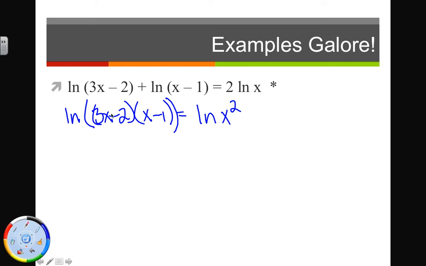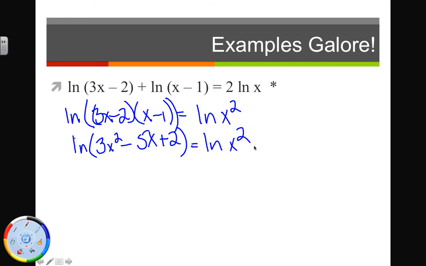Now, when I do this, this might end up with some extraneous answers later on. So here I get the natural log of 3x squared minus 5x plus 2, I just FOILed, equals the natural log of x squared.